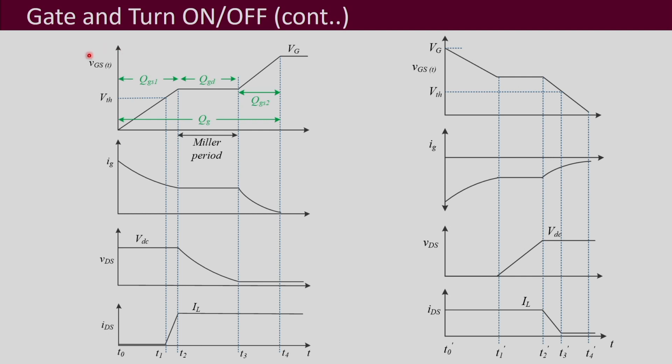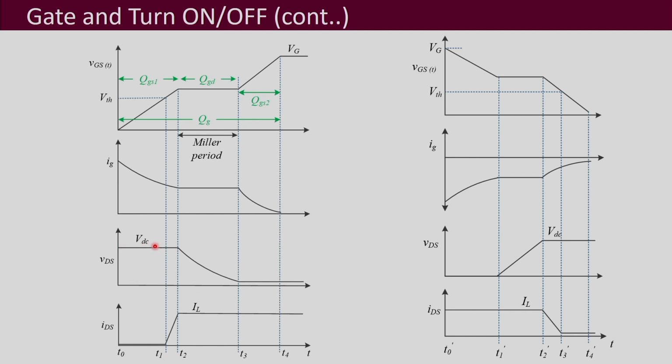This is the gate to source voltage VGS, which appears across the MOSFET. Here we see that from time T0 to T1, the voltage first increases and reaches the threshold voltage VTH, and at that time no change happens.